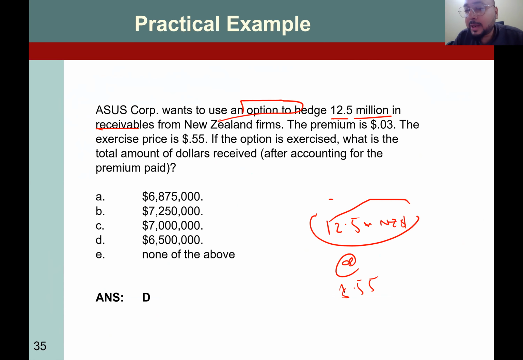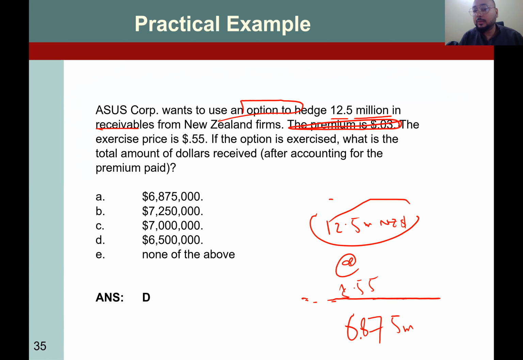So at the expiration, how much do they receive? 12.5 multiplied by 0.55. Answer would be 6.875 million, right?